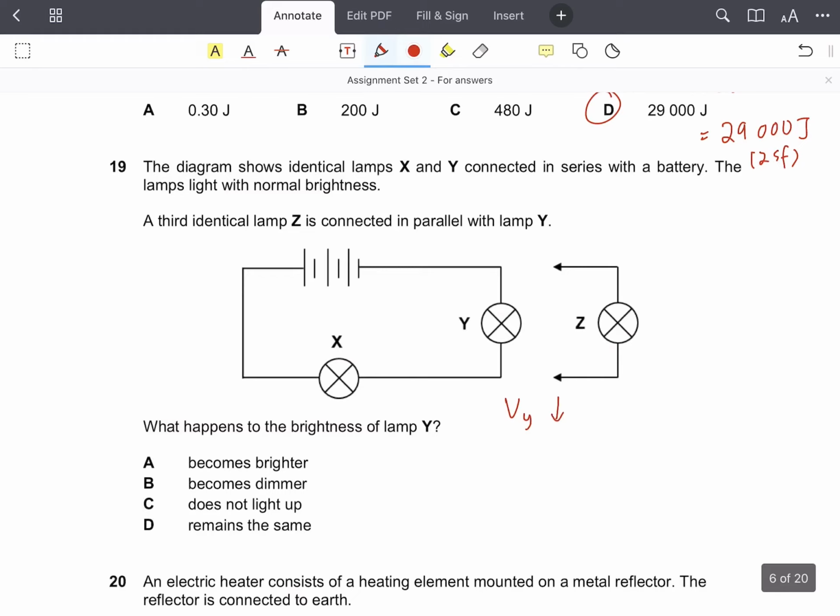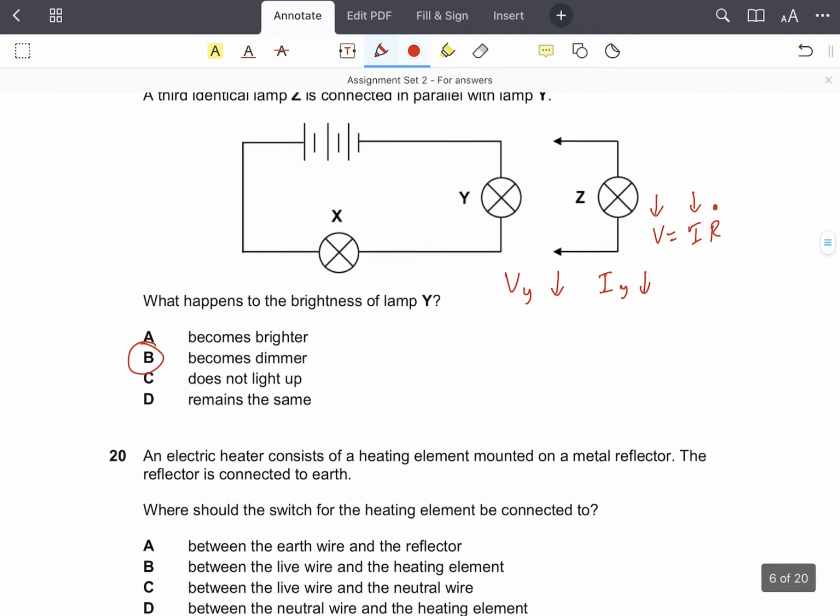So the voltage across Y decreases, and therefore the current across Y will go down because V equals to IR. If V goes down, I will also go down because your R is the same, it's the same lamp, so it will become dimmer.